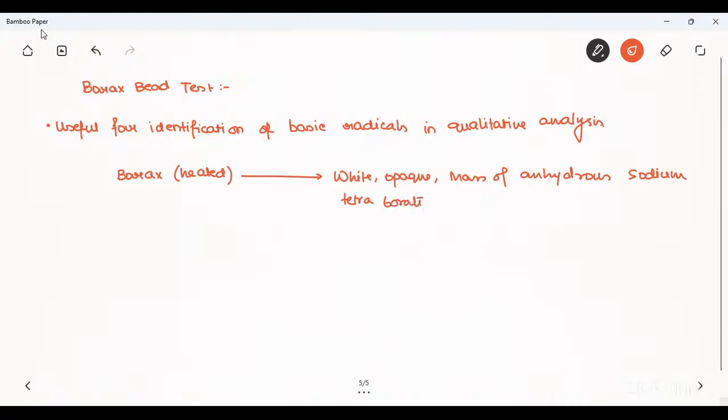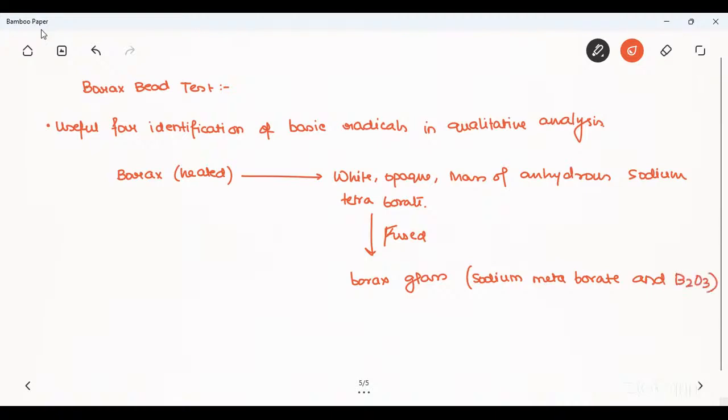And when the borax is fused, borax glass is obtained. What is this borax glass? This is sodium metaborate. Or with respect to formula, it can be sodium metaborate and B2O3.